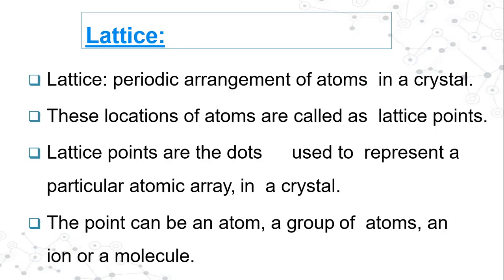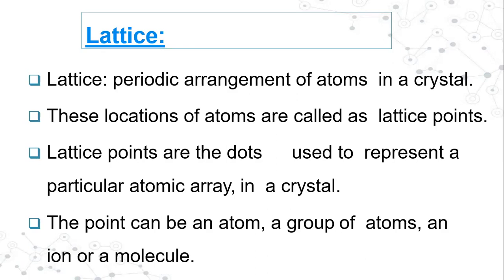These lattice points are defined to represent the atomic arrays, that is, different arrays of atoms in a crystal, and a point can be an atom or a group of atoms, or an ion or a molecule.